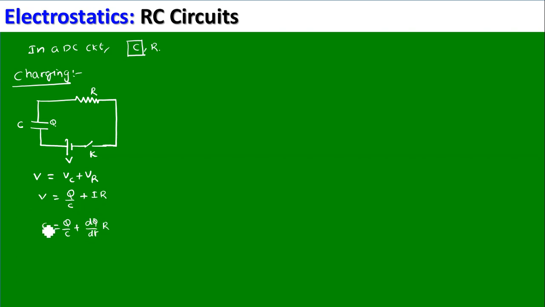So V is equal to Q by C plus R dQ by dt. Now let me take Q by C to the other side. V minus Q by C is equal to dQ by dt times R. Now let me take LCM.